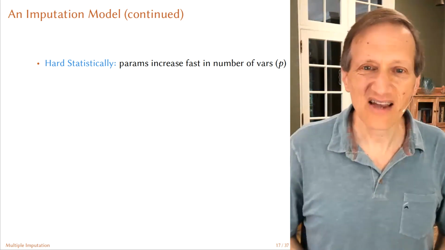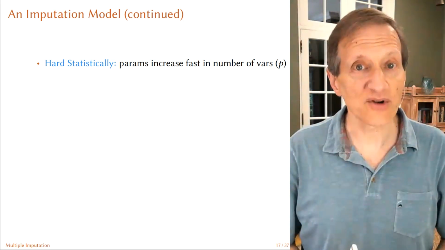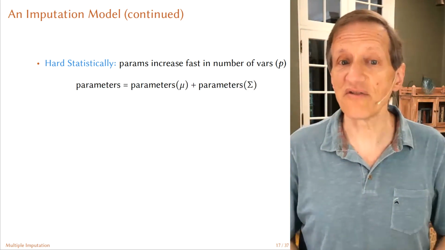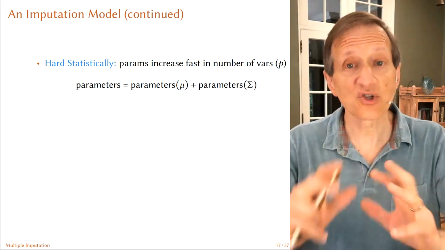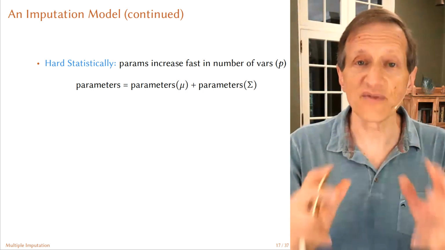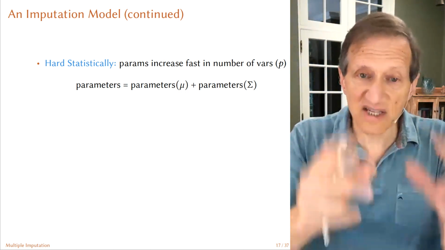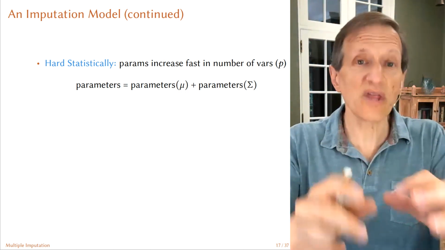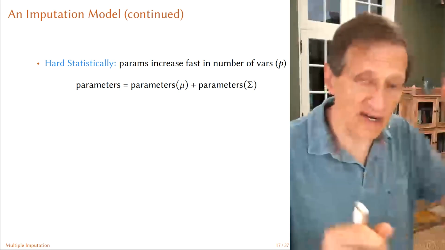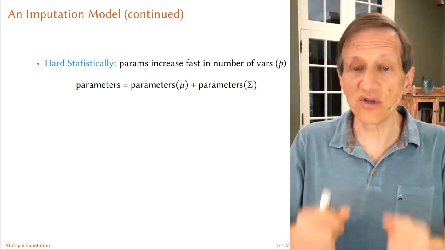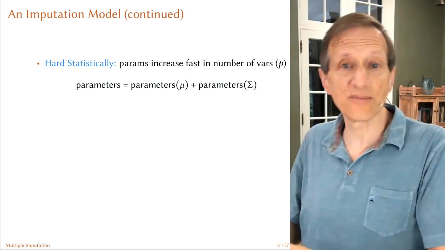Why is that? The number of parameters of this model increases pretty fast in the number of variables. If there are p variables, the total number of parameters we need to estimate for this likelihood model, so that we can then simulate from it and impute, is equal to the number of mu parameters plus the number of sigma parameters.